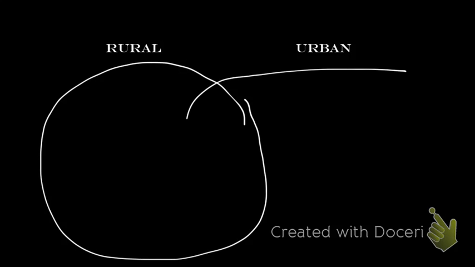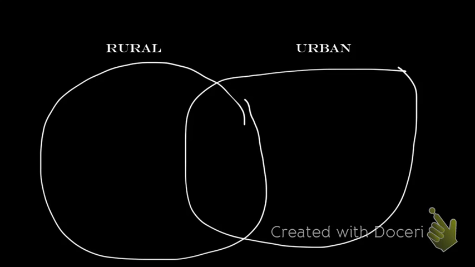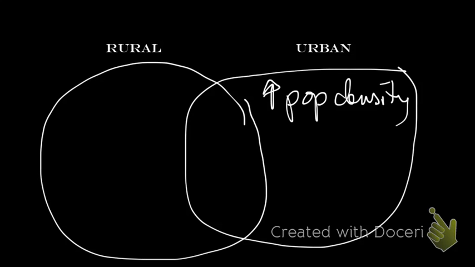Firstly, we took a minute to contrast an urban setting with a rural setting. We started out with our Venn diagram here, if you remember, for those of you that were here on A-Day. We talked about a very high population density versus a much lower density.